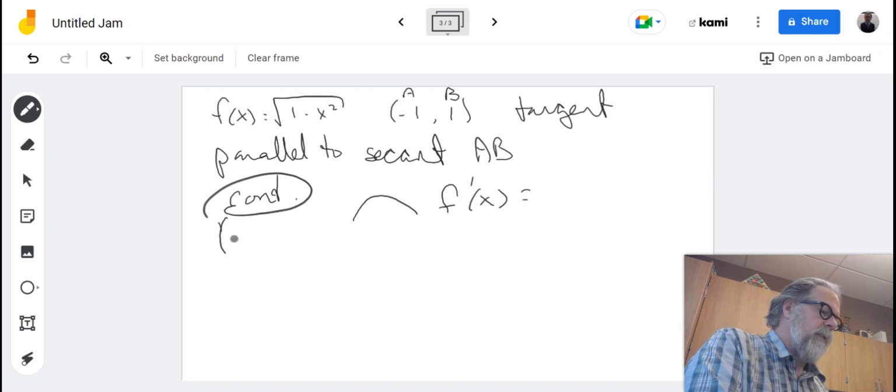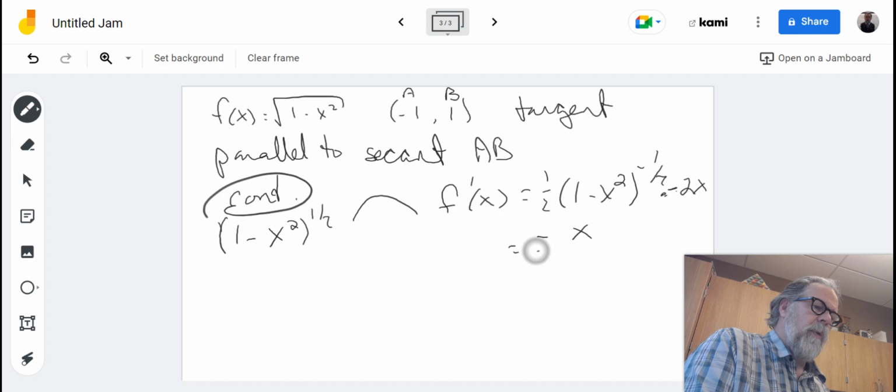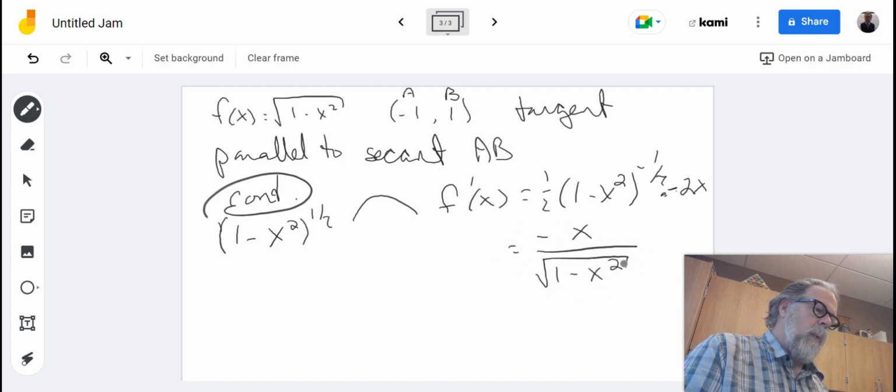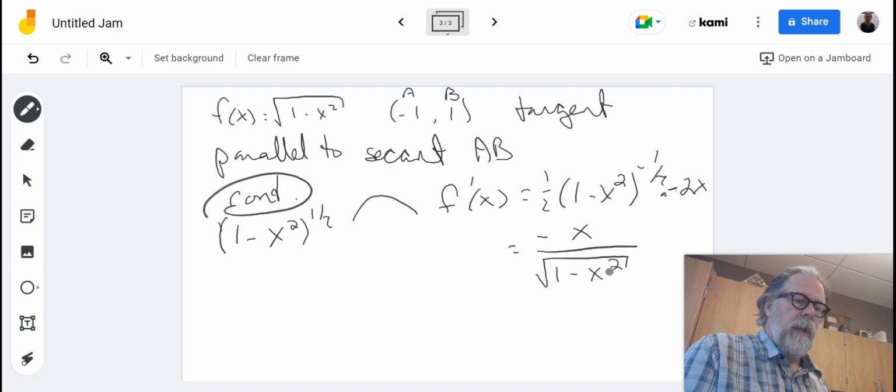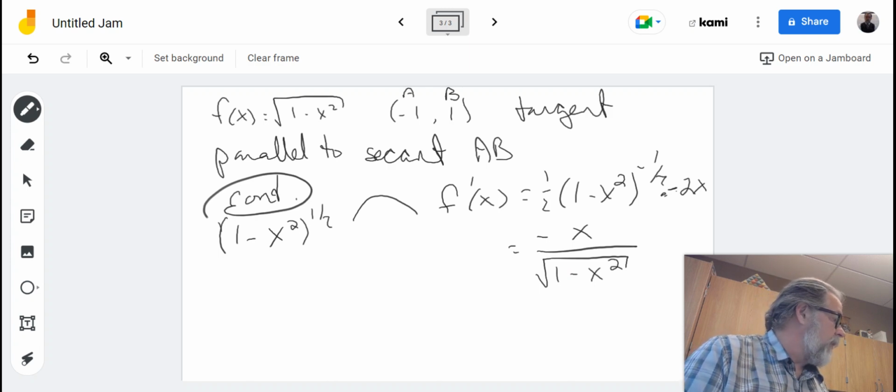Rewriting the function as 1 minus x squared to the 1/2, we get 1/2, 1 minus x squared to the negative 1/2 times negative 2x. Doing a little simplifying, this is negative x over square root of 1 minus x squared. And within the open interval negative 1 to 1, it does in fact exist, and therefore we know it is differentiable.